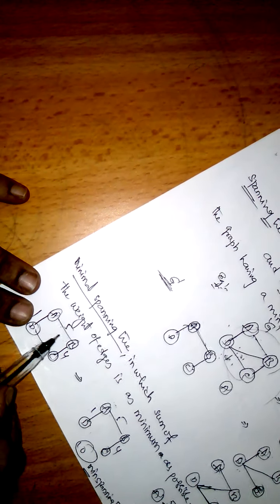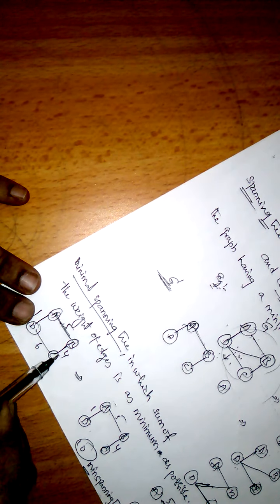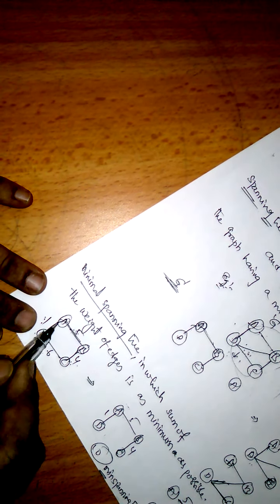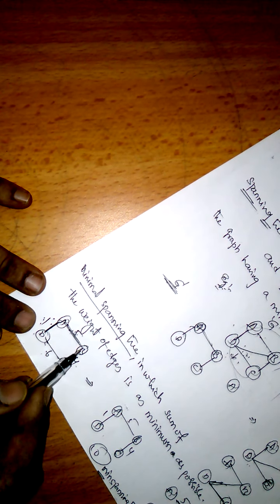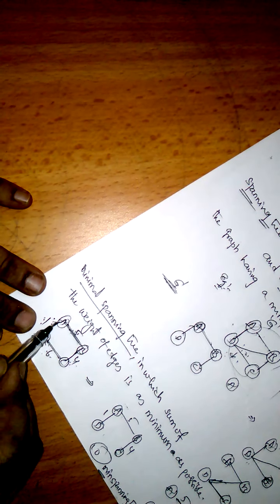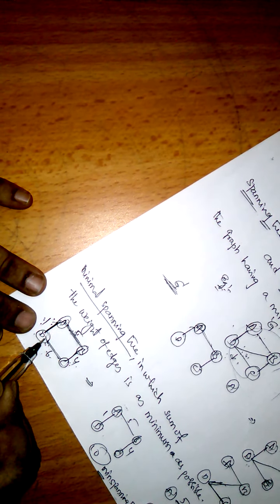If I travel like this, 5 A to C, 5 A to B, B to C, what is the cost? 5 plus 4, 9. If I travel like this, A to D, 7. So which is the shortest path? This is the shortest path. Suppose I want to travel from A to D, I can travel directly like this or like this also. If I travel like this, 5, 4, 6, 15. If I travel A to D, 1. Okay. So for finding the least cost path, we will use spanning trees.